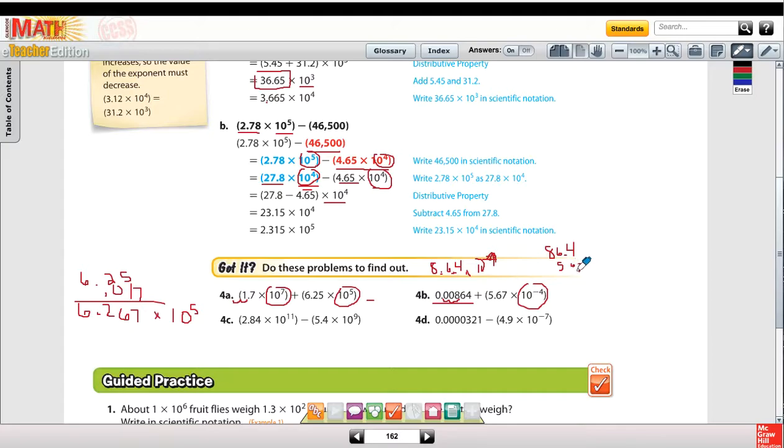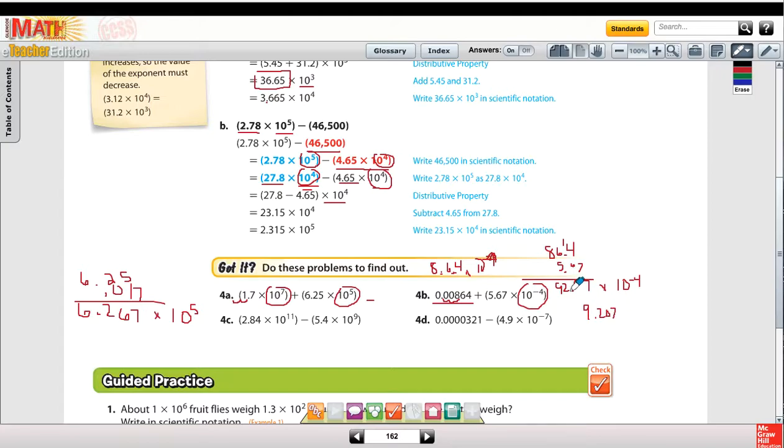We can add those two together to get 7, carry the 1, 12, 92.07 times 10 to the negative 4. Okay, and 92.07 is greater than 10, so we have to change that to 9.207.